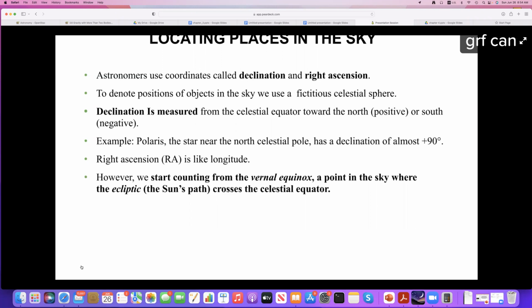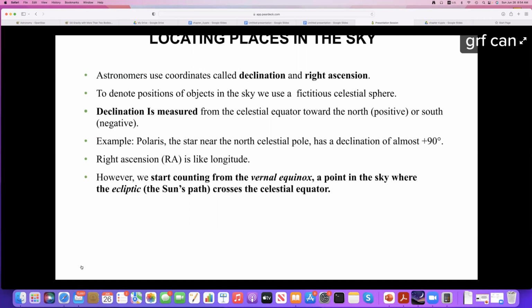All of us know that with respect to us, there is a movement of the Sun on the sky throughout the year, right? That path of the Sun on the sky is what we call the ecliptic.